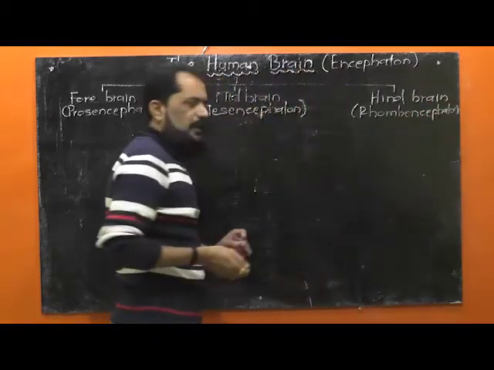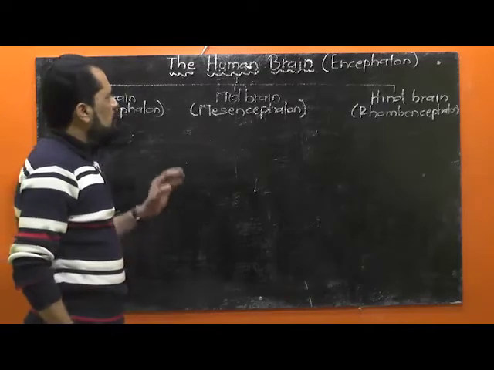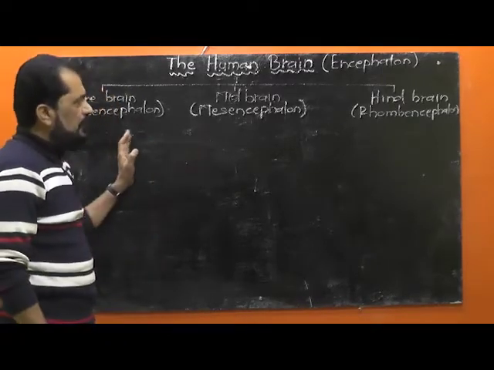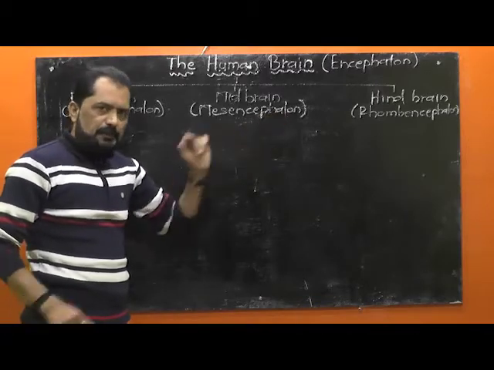So I said that the human brain is broadly divided into three major parts such as forebrain, midbrain and hindbrain.